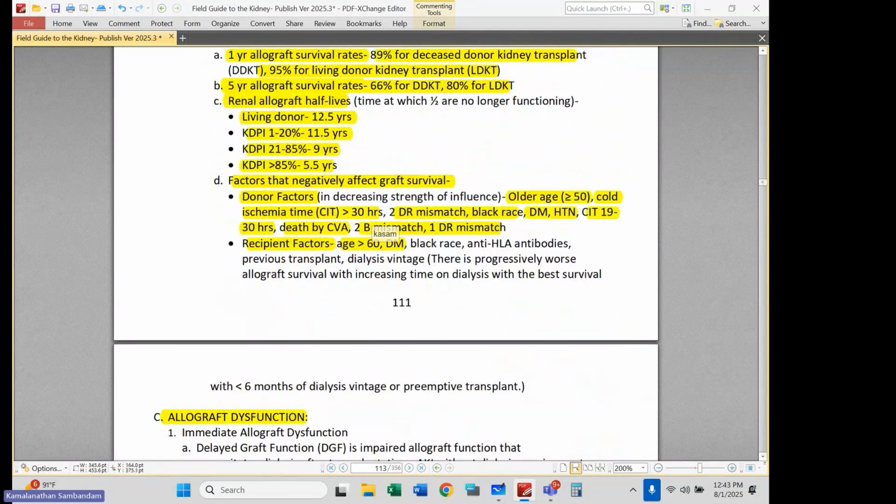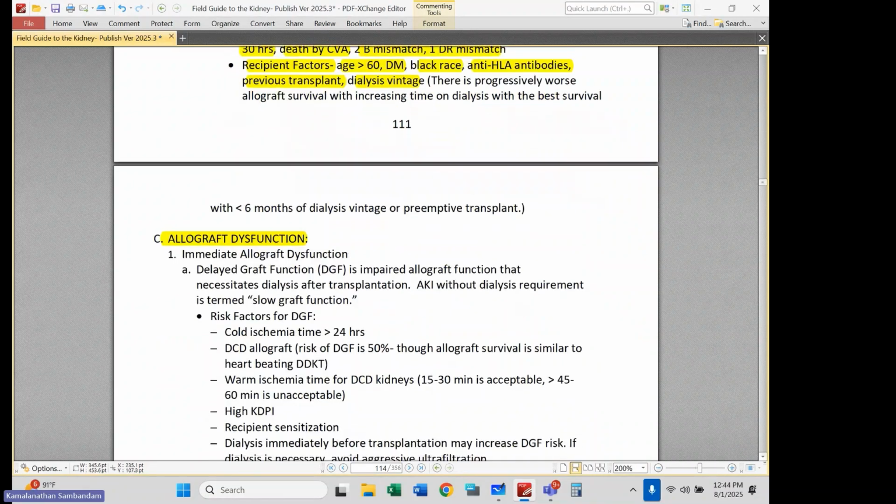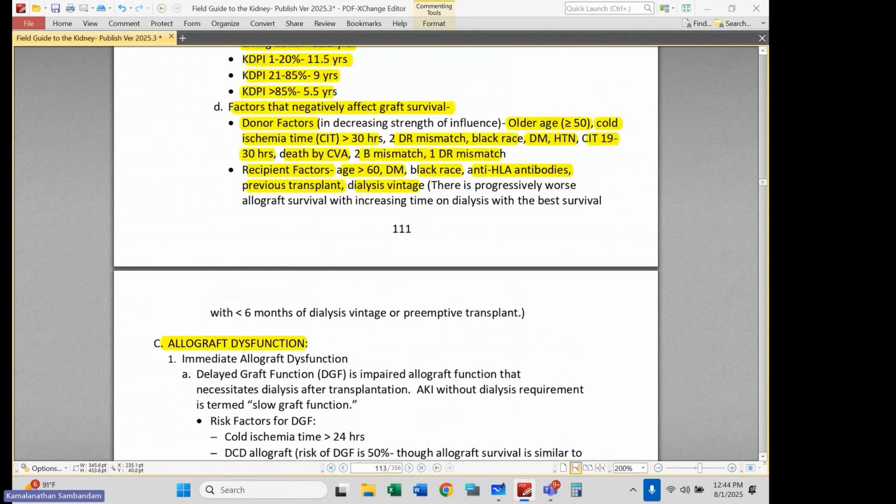But if you're a diabetic, if your age is over 60, Black race, multiple anti-HLA antibodies, previous transplant, long dialysis vintage, these are also things that might nudge you towards saying, okay, high KDPI kidney to shorten my wait time in order to enhance my allograft and patient survival.